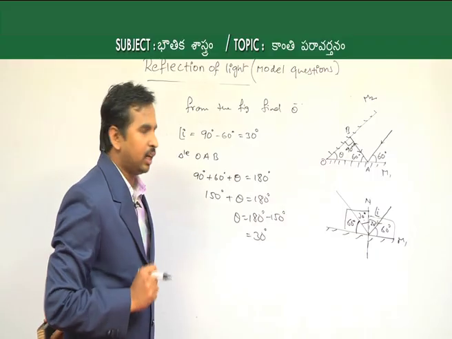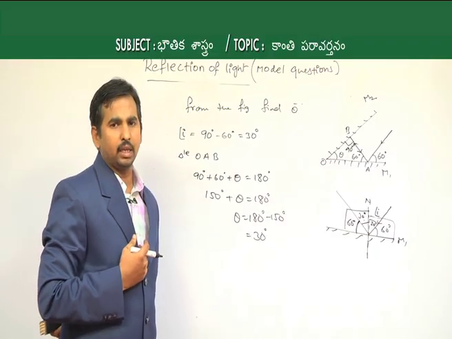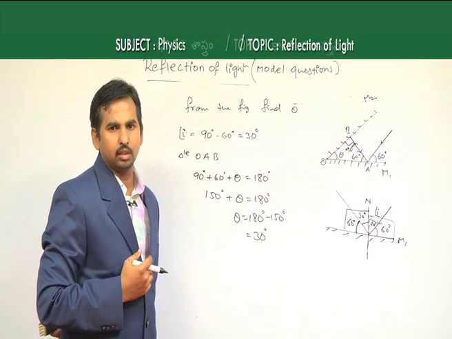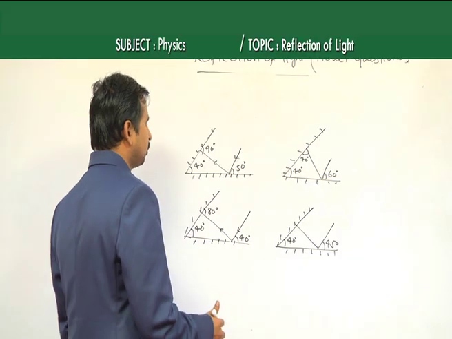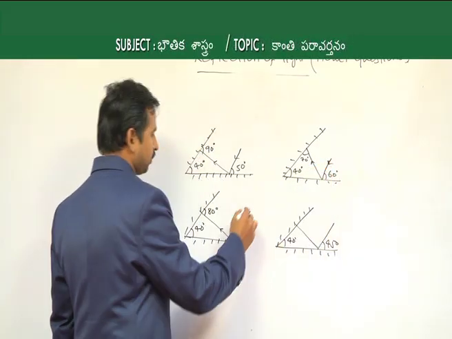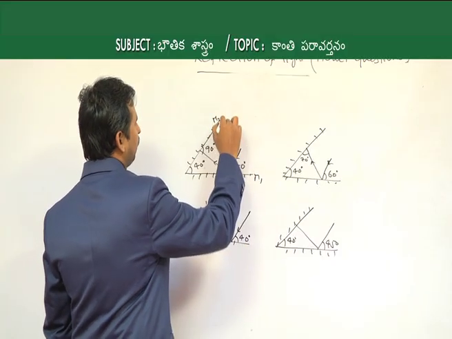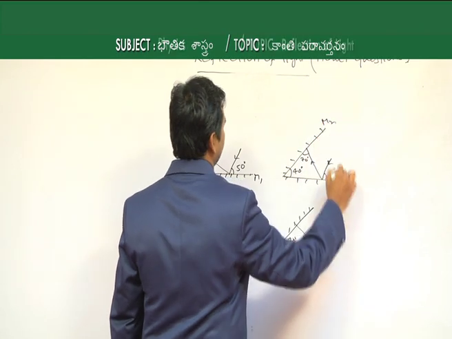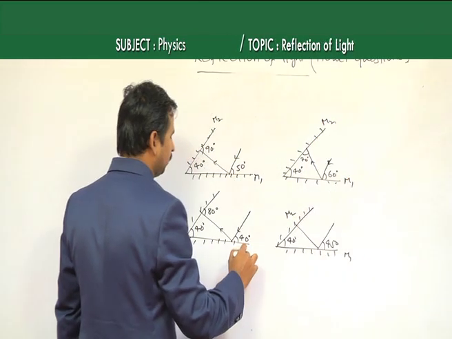Like this, we can find the angle relations between the angles with two mirrors also. Next one, given here are four figures, in all of which multiple reflection takes place. The light ray is incident on one of the plane mirrors and reflects back to the other mirror. Here the relations are also given between M1 and M2.